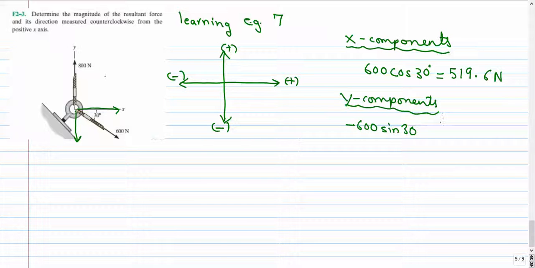So negative 600 sine of 30, positive 800 newtons, since it's pointing upwards. This would give us a total of 500 newtons.